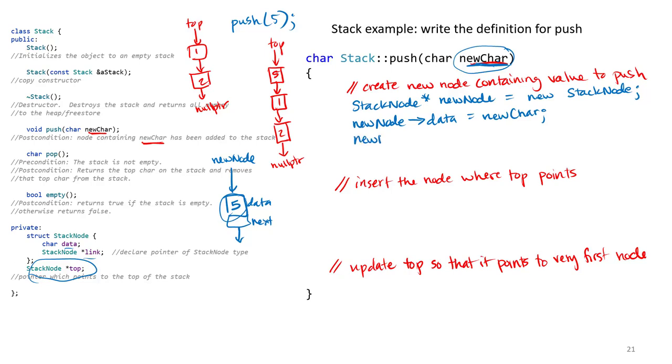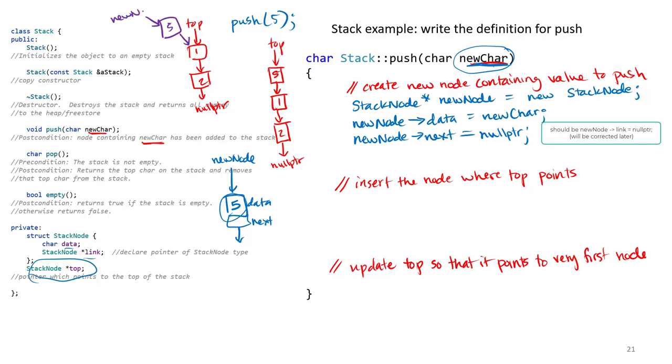Then initially, I could decide to make my new node's next pointer point at null. But my next step is to insert this node where top points. So I want to insert my new node where top is pointing so that that node will now be on the top of my stack.